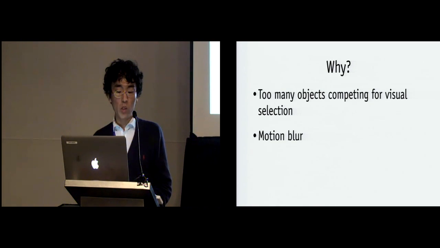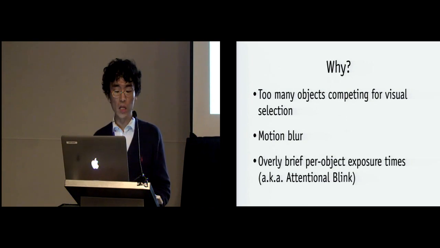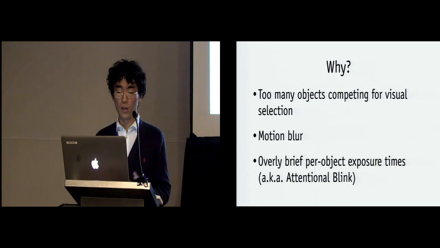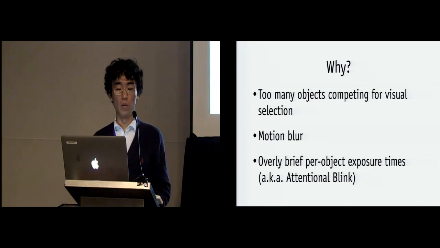The motion blur from the fast movement of text and figures makes the situation worse. And finally, the exposure time for an object is too short, and there is a cognitive phenomenon called attentional blink, where the second of 2 targets cannot be detected or identified when it appears close in time. So that's the problem of this conventional scrolling technique.